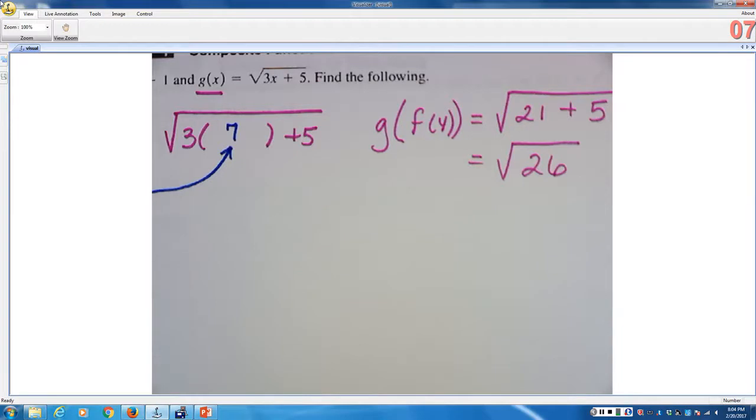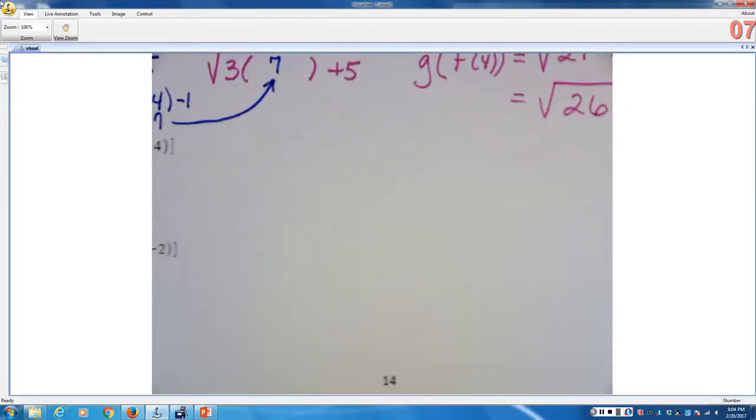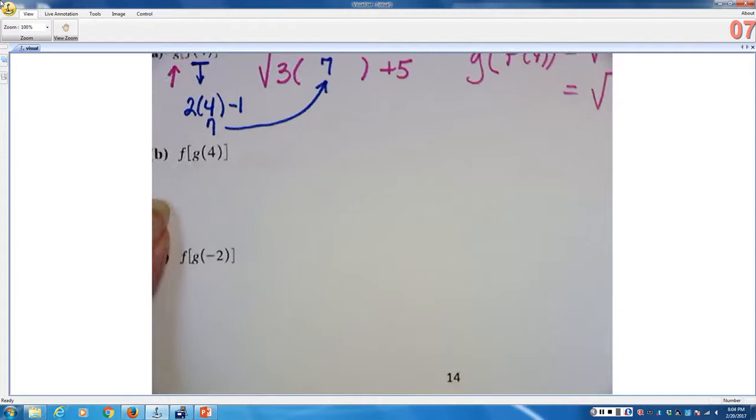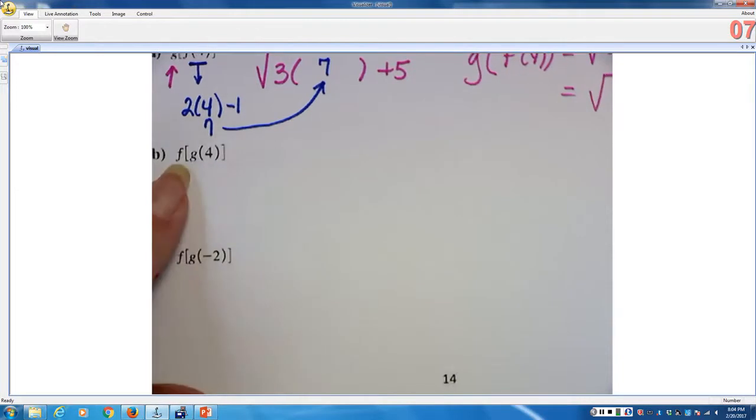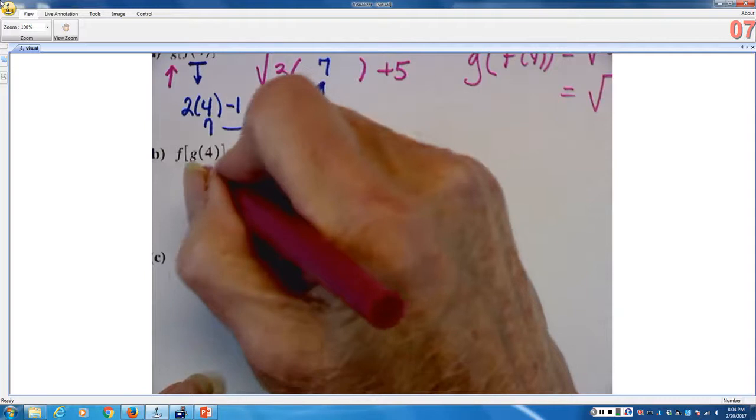The next one says take f of g of 4. So the first step is, what is g doing to 4?